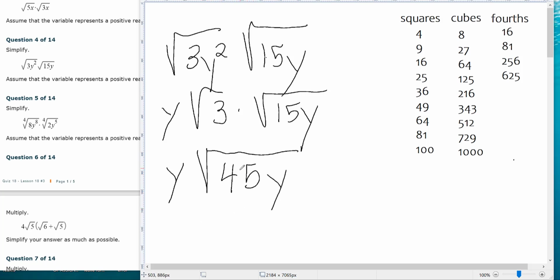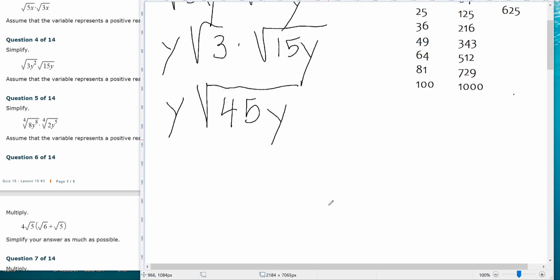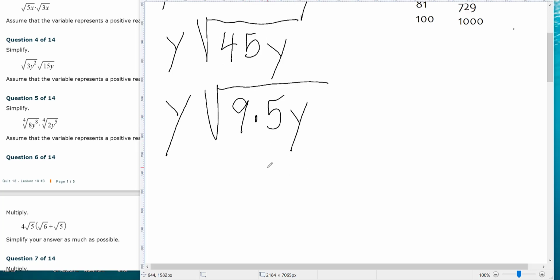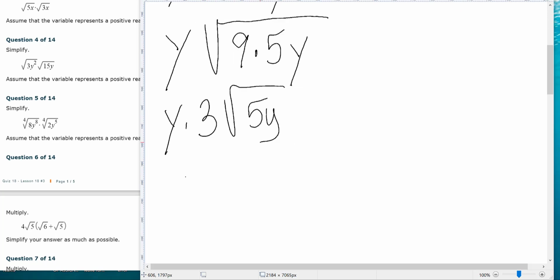And inside of 45, I look at my square list, there's a 9 in there. So I'll write that y times the square root of 9 times 5y. And the perfect square 9 can come outside as a 3, so y times 3, square root of 5y, and we're probably going to want to rewrite that 3y, square root of 5y.